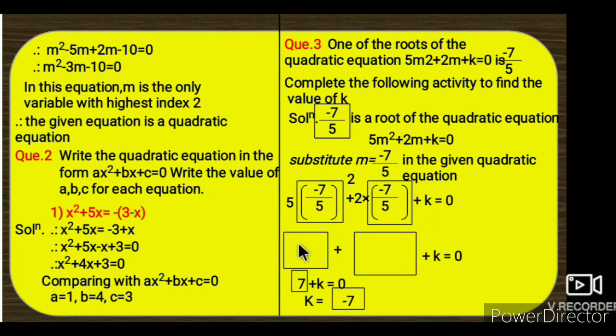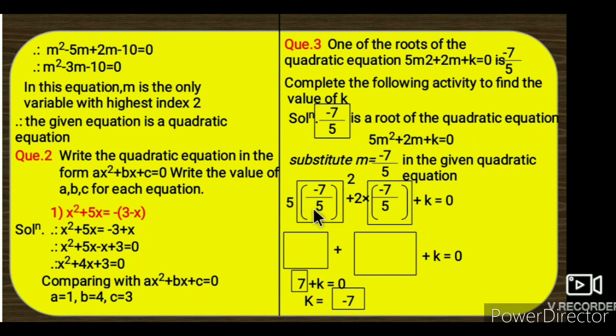Here (−7/5)² means (−7)² and 5². (−7)² is 49, because the square of any negative number is a positive number. Therefore (−7)² is 49 and 5² is 25.